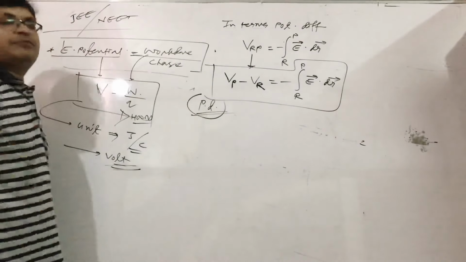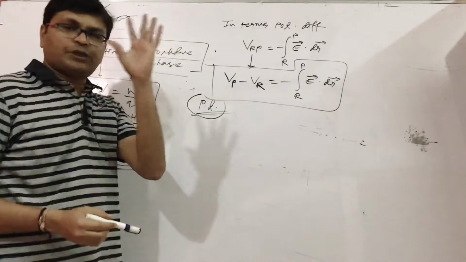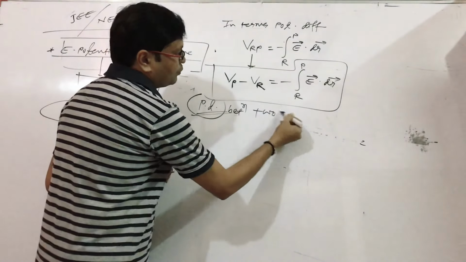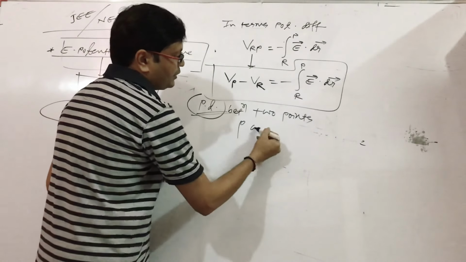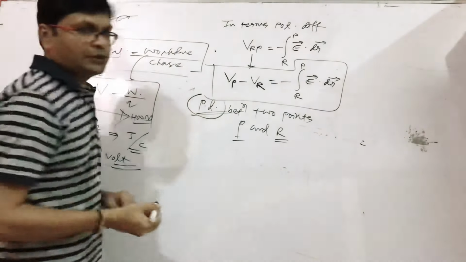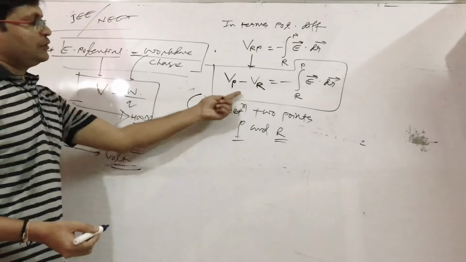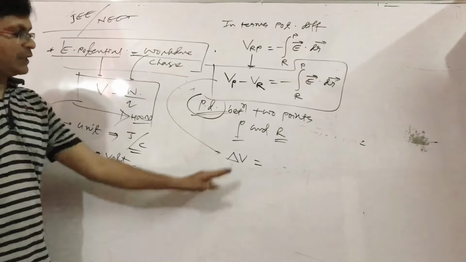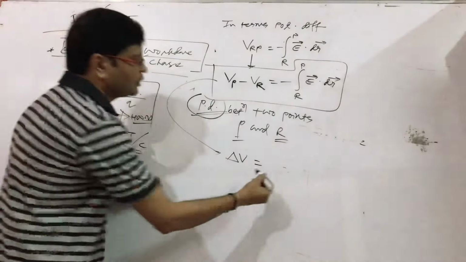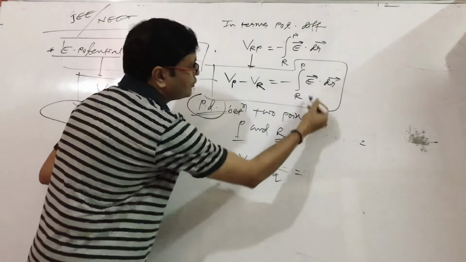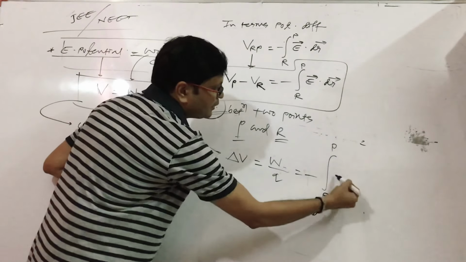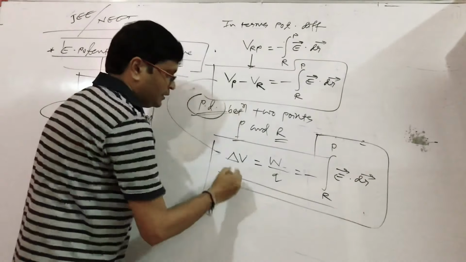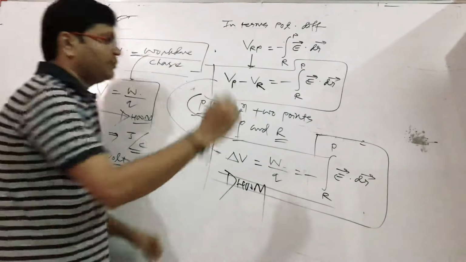Now this is a very important point. PD means potential difference between two points P and R. Most important. V_P minus V_R can also be written as delta V. Potential difference can also be written as delta V. Delta V is equal to W by Q is equal to minus integral R to P E dot dr. So these are the most IMP formulae, and this formula will also be very useful.